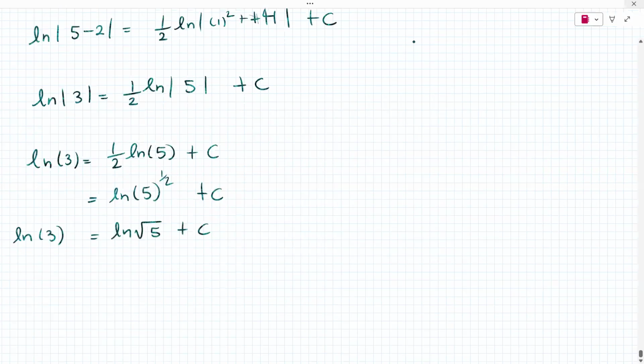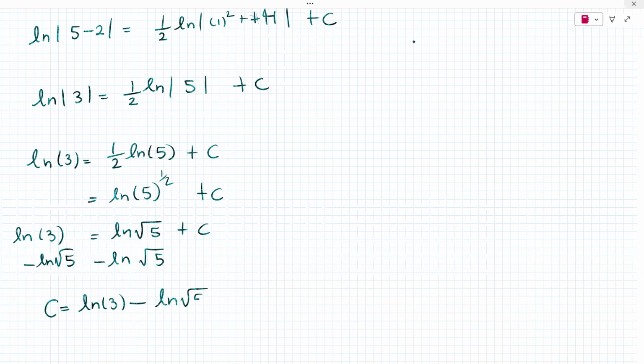And then solve for c, so you're going to subtract ln of square root of 5. You get c equals ln of 3 minus ln of square root of 5.